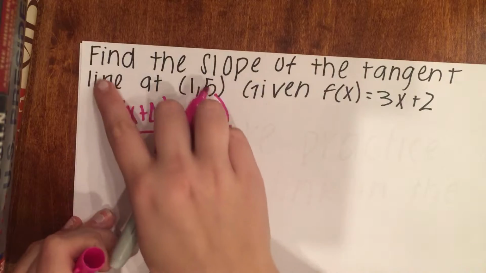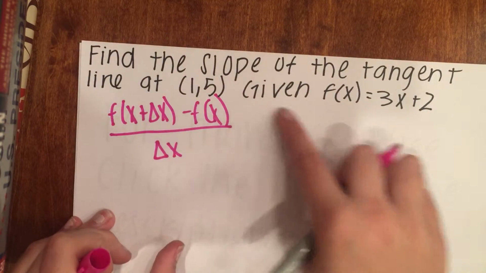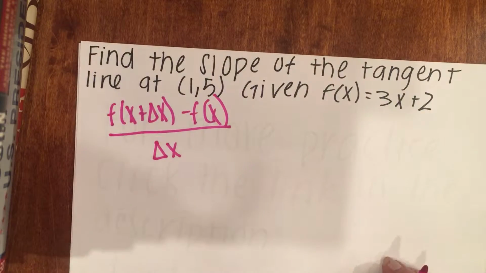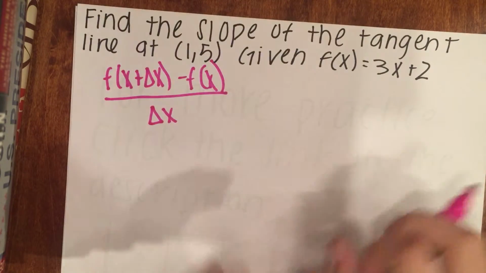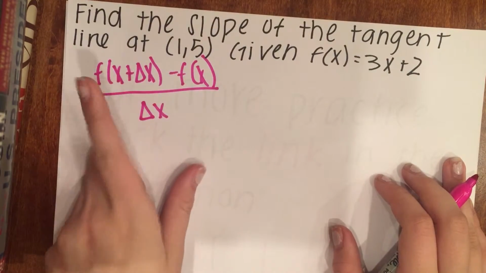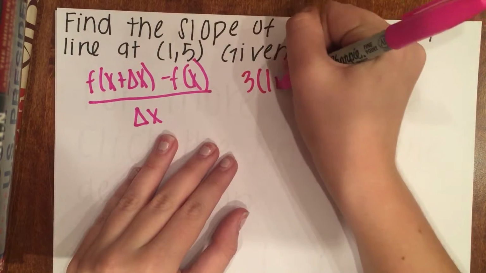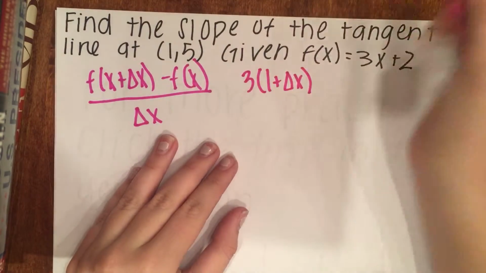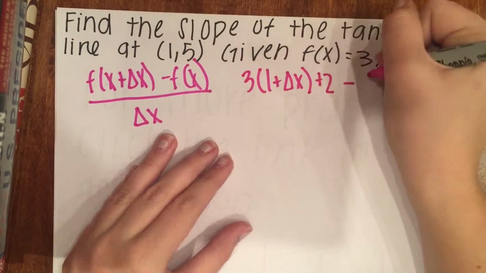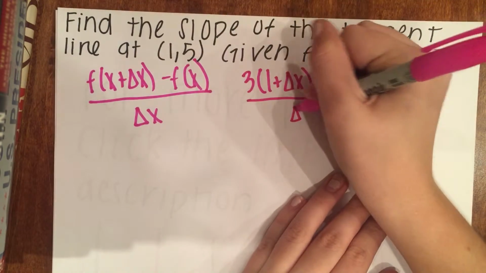So just so you know, the original question was find the slope of the tangent line at 1, 5 given f of x equals 3x plus 2. So I'm going to do f of 1 plus delta x because 1 is the x value they gave me. So it's going to be 3 times 1 plus delta x plus 2 minus 5 because 5 is f of x, all divided by delta x.